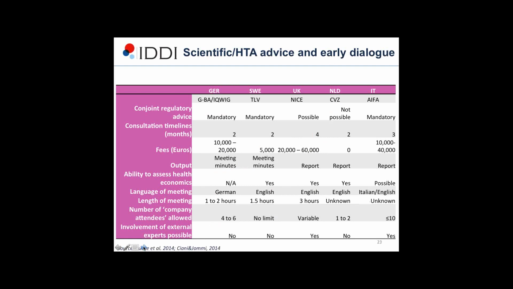We could also broaden the view and include other countries within Europe which have started similar initiatives, for instance, in Germany or Sweden or in the Netherlands, with different characteristics and features in terms of output, cost, consultation process, and length of the meeting.